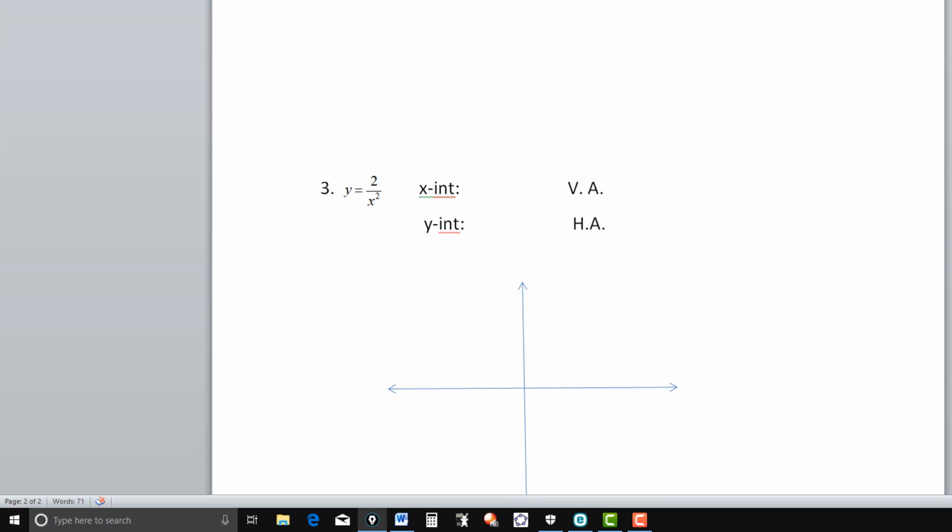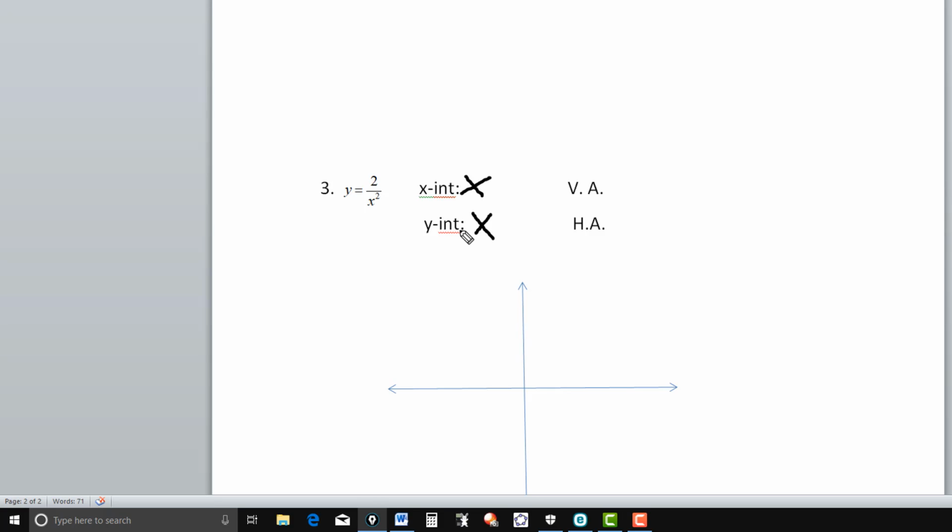Okay. For this one, to get the y-intercept, I replace the x by 0, but then I get division by 0. So this one's undefined, so I don't have any. To get the x-intercept, I replace the y by 0, but then that's going to lead to the contradiction, 0 equal to 2. So this one has none.